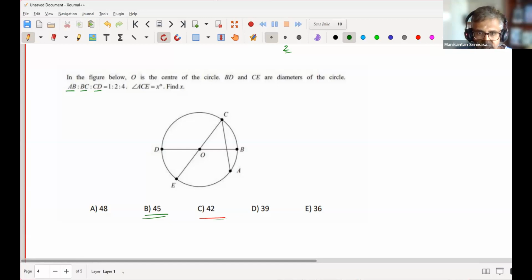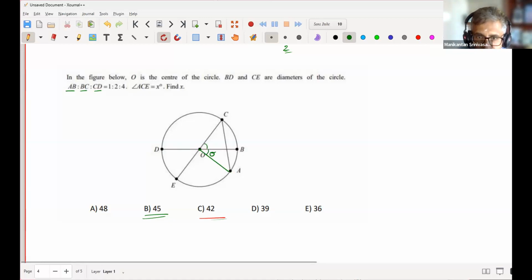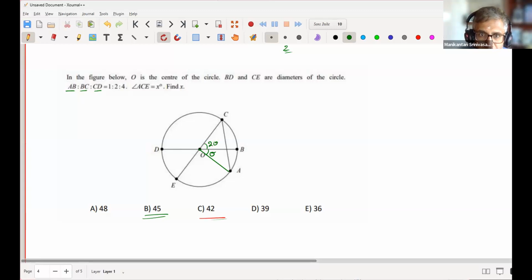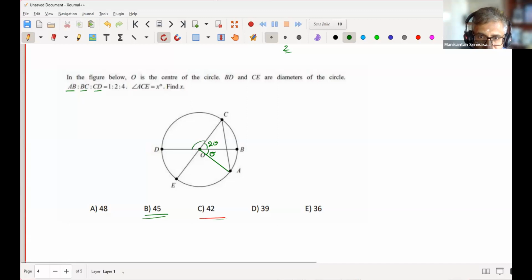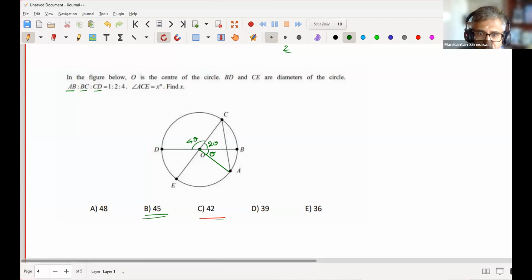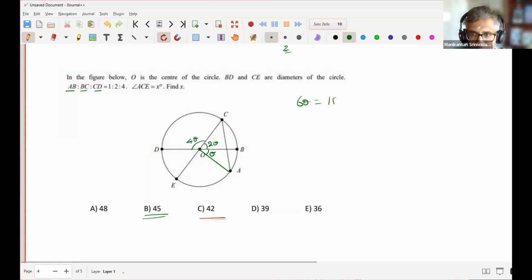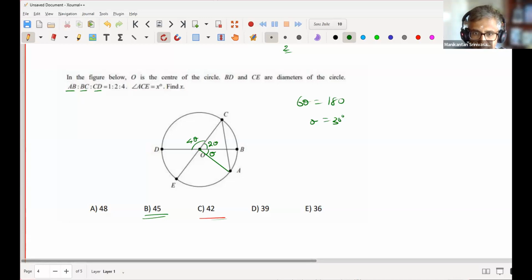Let's draw AB. If this angle is theta, then BC is 2 theta and CD is 4 theta. Now you can clearly see 4 theta plus 2 theta, 6 theta, adds up to 180 degrees, which means theta is 30 degrees.